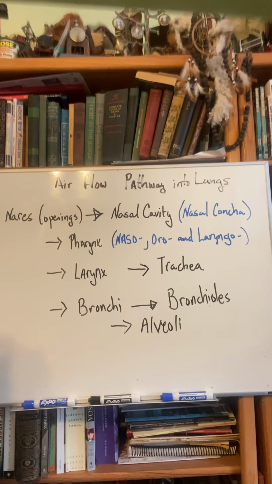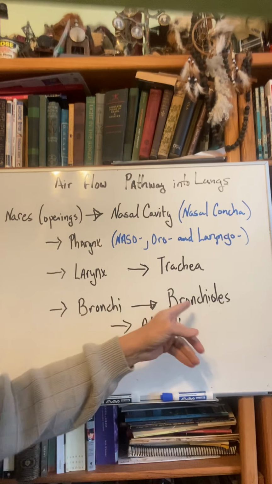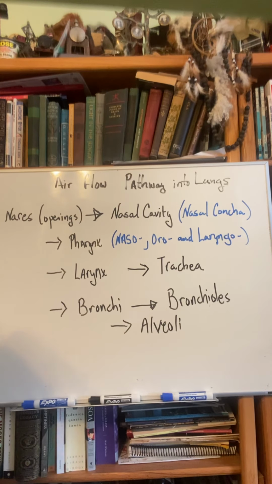This is a tube made up of ring-like cartilage structures called the trachea. And at the bottom of the trachea, it's going to branch into bronchi. And the bronchi feed into the lungs. And you're going to have this pathway in the lungs. It's going to start branching.